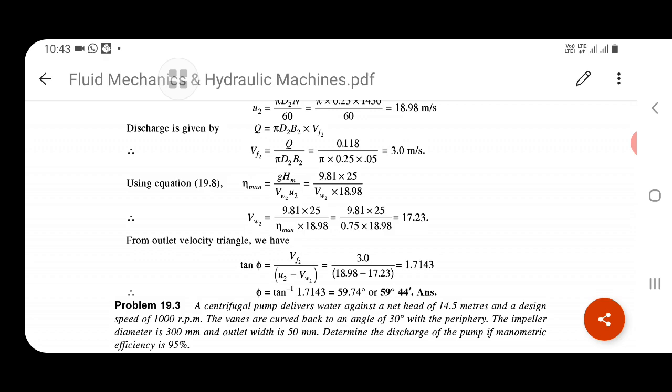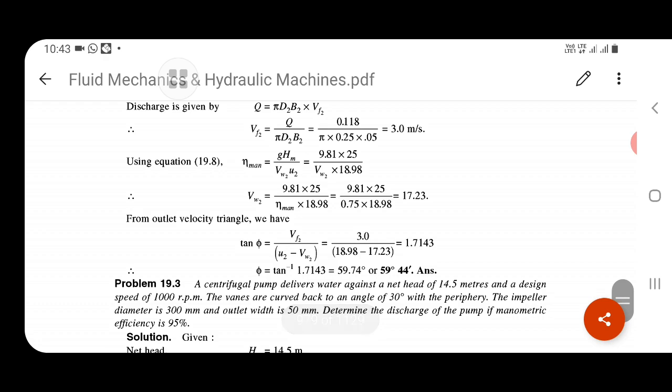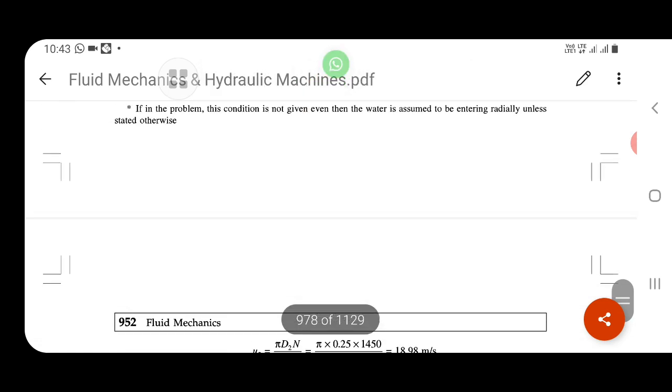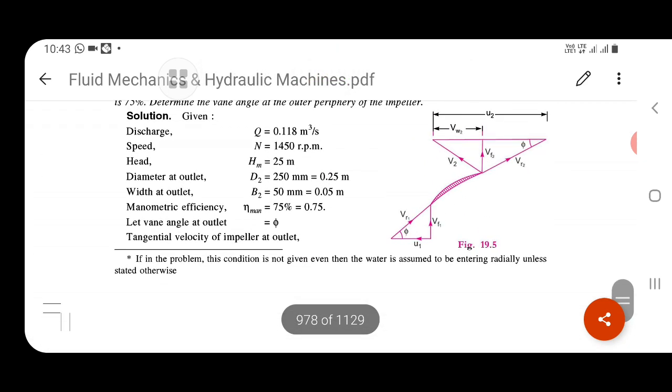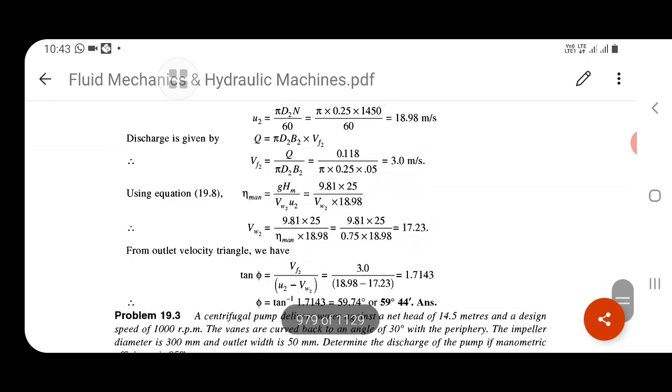So it is 17.23. The outlet velocity triangle is calculated by tan phi equal to Vf2 upon U2 minus Vw2. With the help of that, calculate phi, which is 59.74. So firstly, write down the solutions.